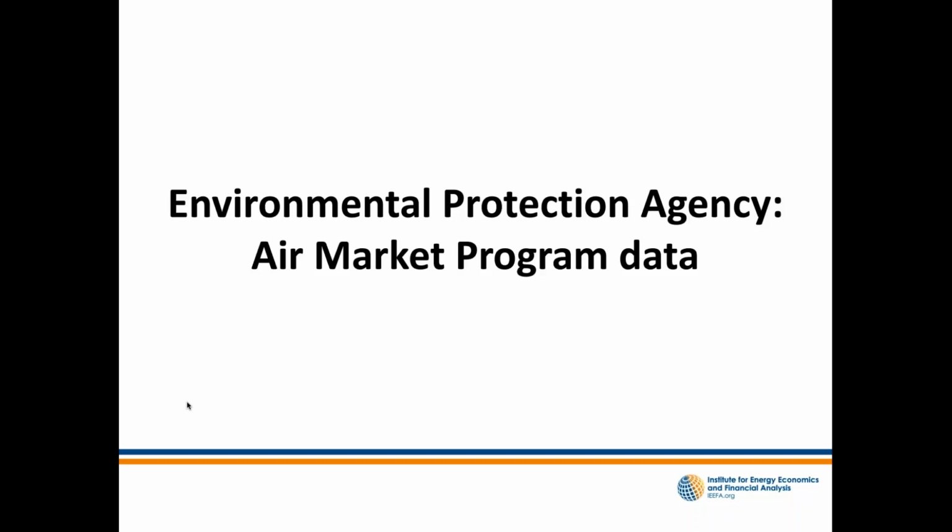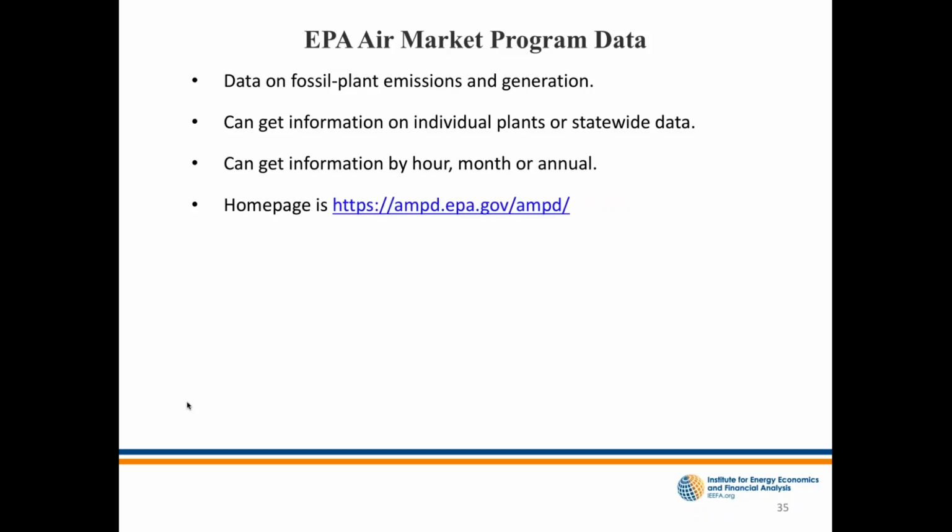I'm going to talk briefly about the Environmental Protection Agency's Air Market Program database. The EPA requires power plants to have continuous emission monitoring systems. So you can find out from the EPA website data on both plant emissions and generation.